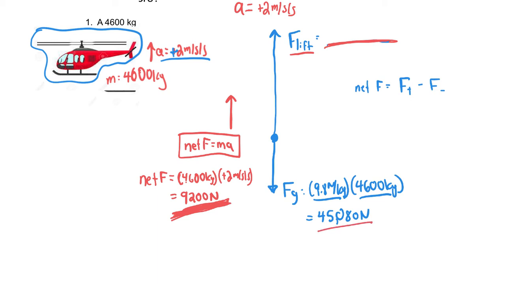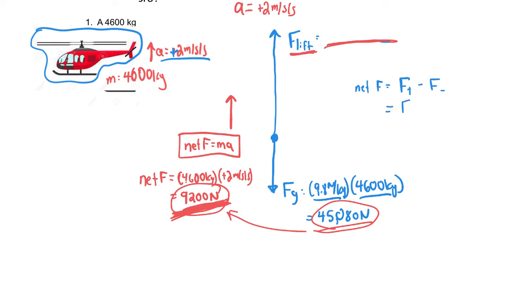Okay? The way to use the net force is to remember that the lift force is winning by this much. It's beating this number by this much. Okay? So in other words, I'm going to switch to blue here.